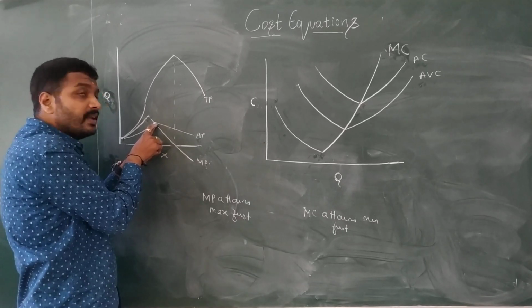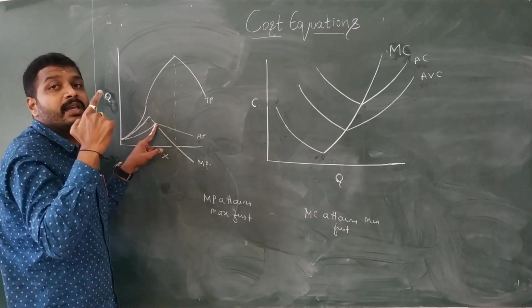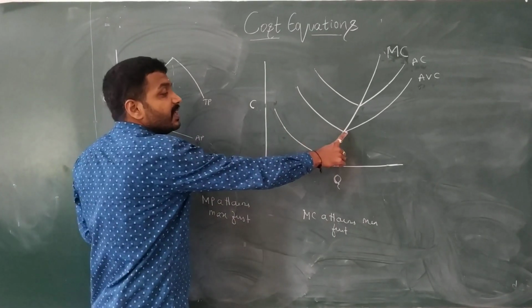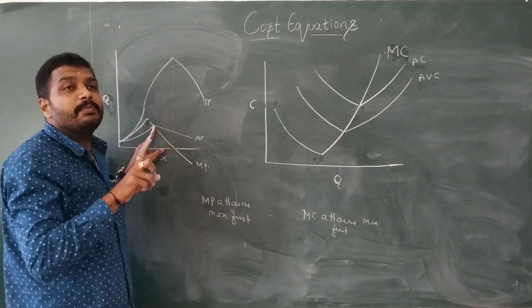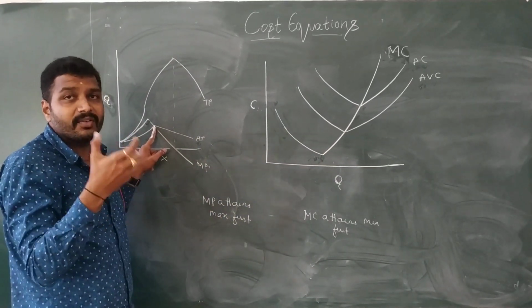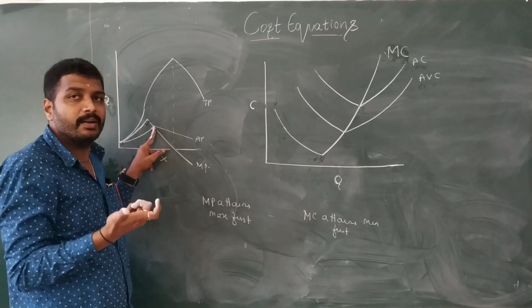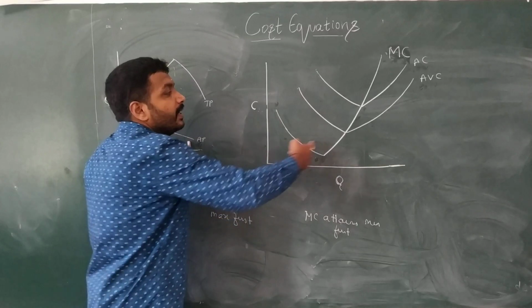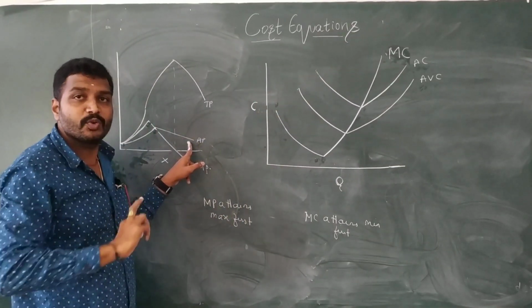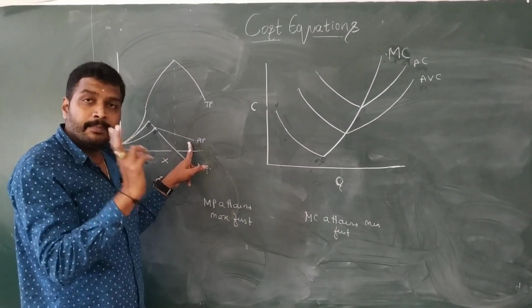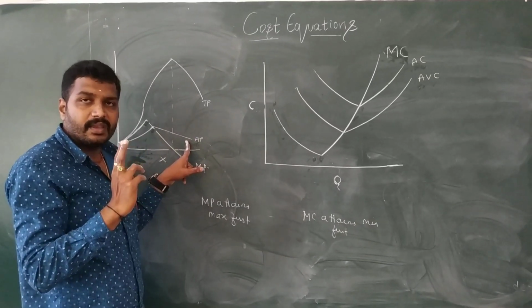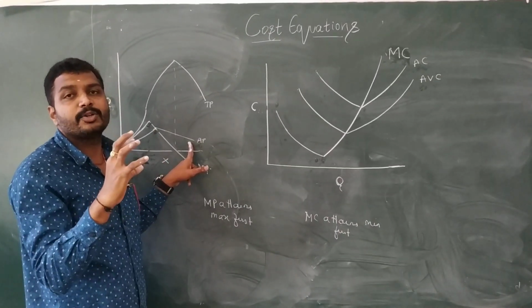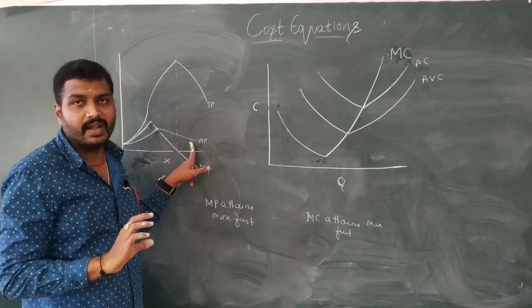When AP attains maximum, AP will be equal to MP. When ABC attains minimum, ABC will be equal to MC. Try to remember all the things I am telling. When AP falls, ABC rises. So we could say that MP, MC, ABC, AP are considered mirror images of one another.